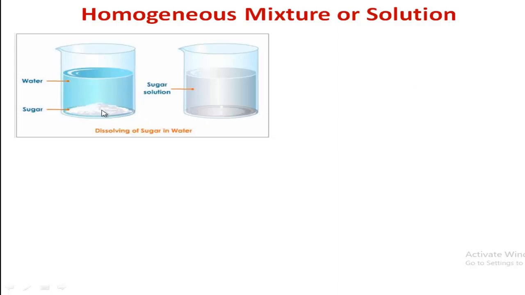And also you can see here one component is dissolved in another component. That means here sugar is dissolved in water, or we can say water dissolves sugar. So to prepare a homogeneous mixture, generally two components are needed, and one component dissolves the other component.